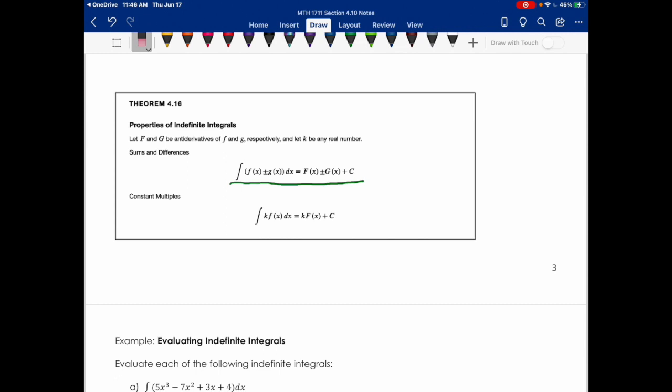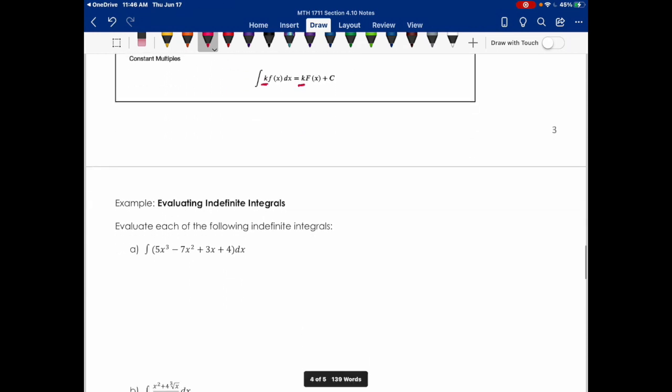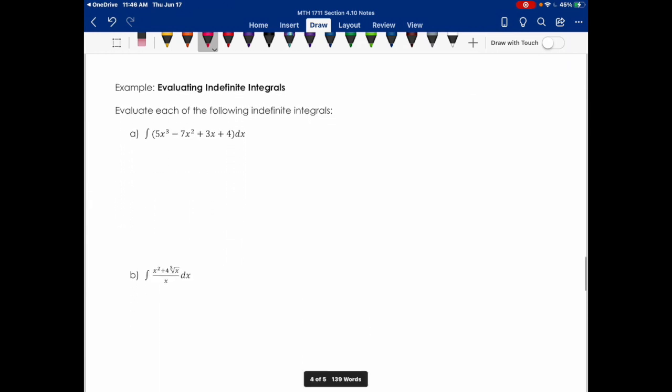I can just add the antiderivatives together or subtract the antiderivatives together, depending on if it's a sum or difference. And then if we have a constant multiple in front, such as k, we just take k and multiply it by the antiderivative.